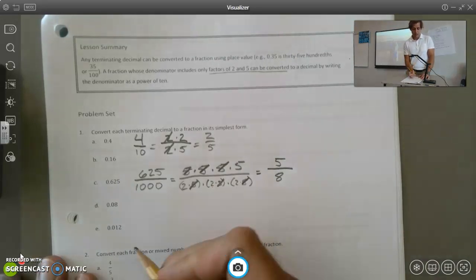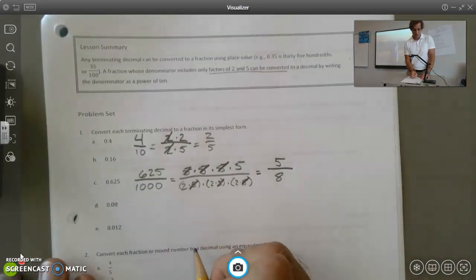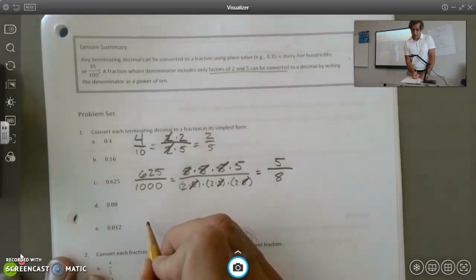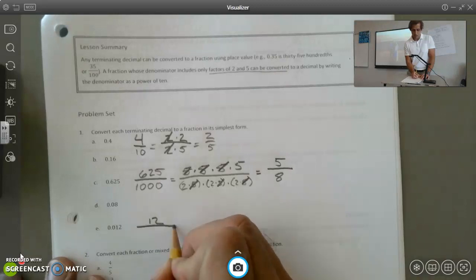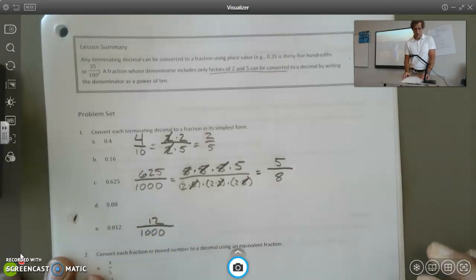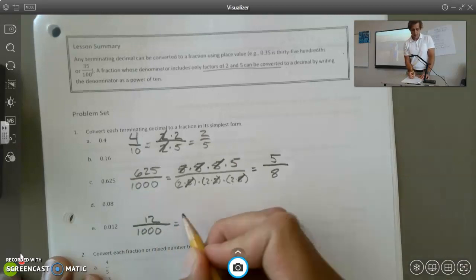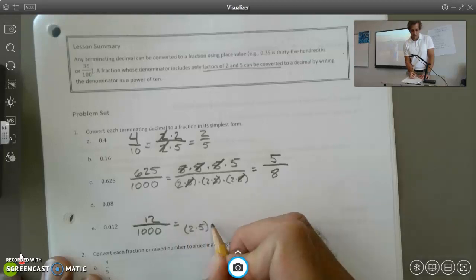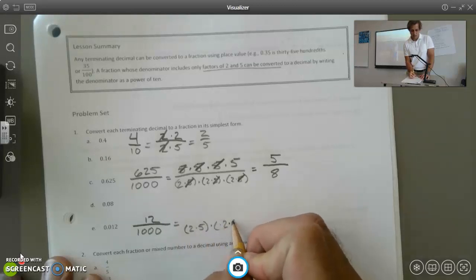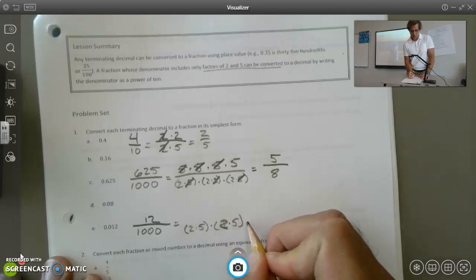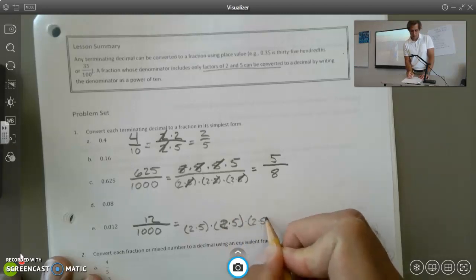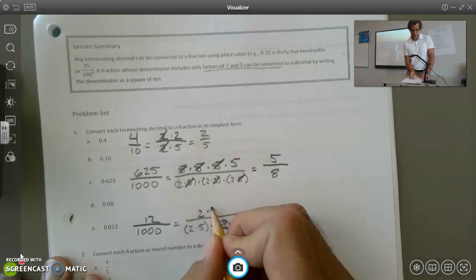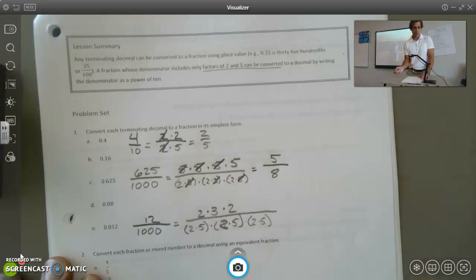Okay, we'll skip down to E. We'll try that one real quick. With E, we have 12 over 1,000. 1,000 is 2 times 5 times 2 times 5 times 2 times 5, and 12 is 2 times 3 times 2, or 6 times 2, right?